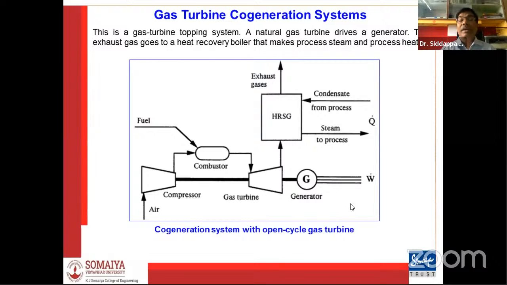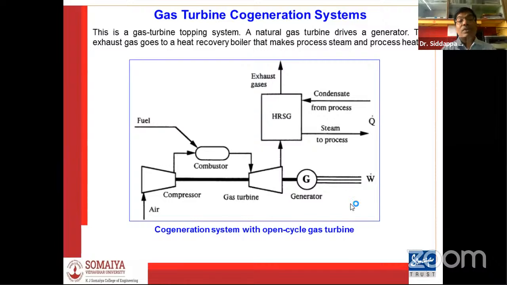The lower the temperature of the air, the lower the work input to the compressor, and the power obtained or heat release in the combustion chamber increases, because you are getting denser air, and more mass of air gets inducted. On the contrary, if the air temperature at the compressor inlet increases, then you have to do more work in the compressor, and automatically the thermal efficiency of the overall system will be reduced.